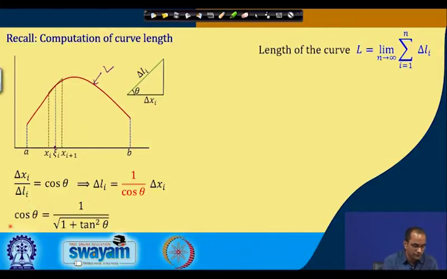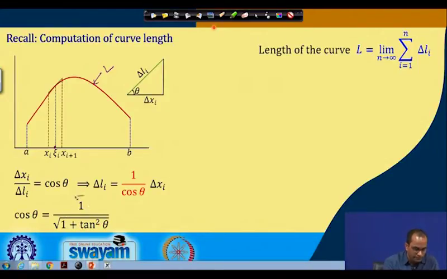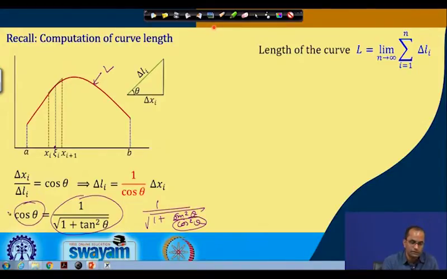Again, from the trigonometric equality we have cos theta equal to 1 over the square root of 1 plus tan squared theta. This is nothing but cos theta, because we can write 1 plus tan squared theta as cos squared theta plus sin squared theta over cos squared theta, so the numerator is 1, and cos squared theta goes to the numerator and we end up with cos theta only.